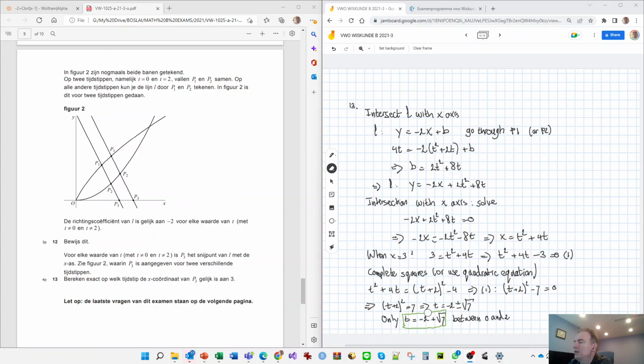And only the plus will be between 0 and 2, which is what they're asking for. Actually, the minus one is negative. Oh yeah, this is a t, not a b. So yeah, this is our time at which the x coordinate of P3 is equal to 3.